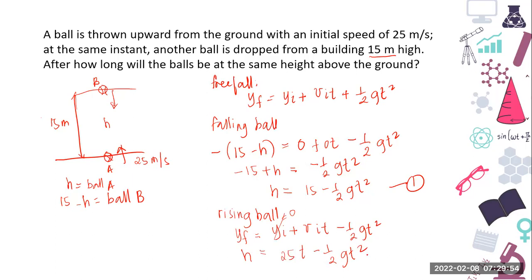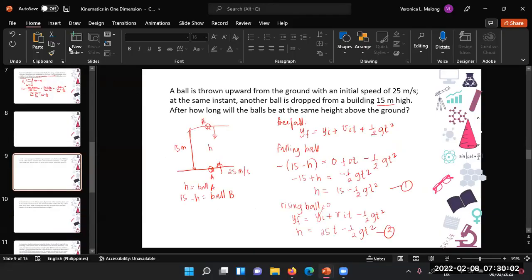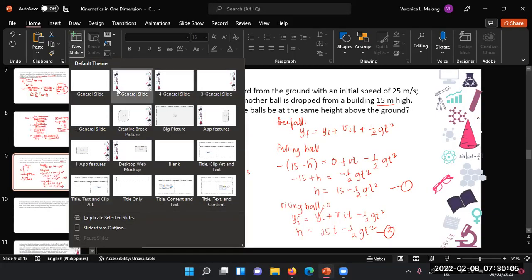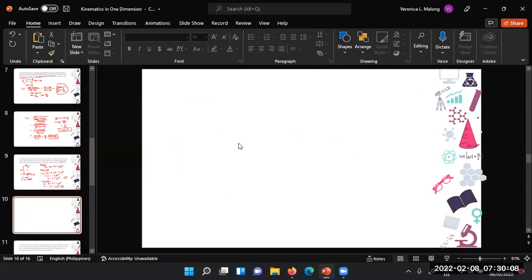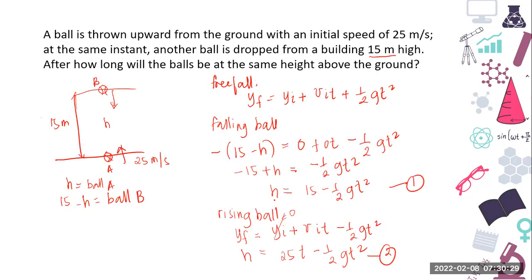Okay, then what do we do? We equate equations 1 and 2. Okay, let's insert the slide again. Now we'll just equate equations 1 and 2. We can get it in terms of height, because previously what we did was get h and then get h.